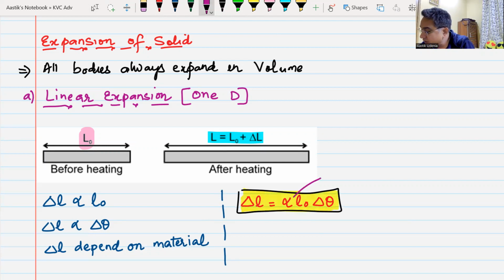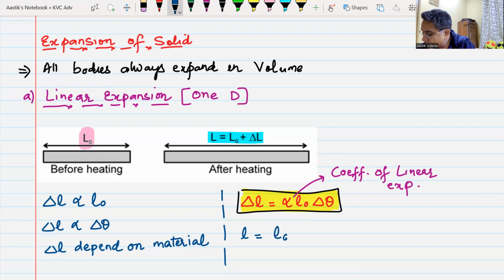This alpha is known as coefficient of linear expansion. So I can write the final length L as L0 plus delta L. Do we understand this? Yes, sir.